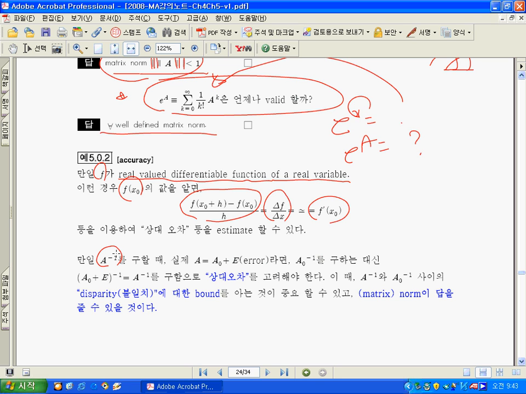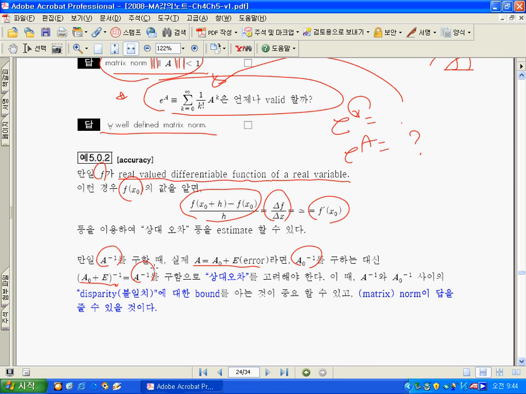When we try to find the inverse of A, suppose A can be written as A naught plus matrix E, which is the error part of it. Then instead of just the inverse of A naught, finding the inverse of A naught plus E, then we can have the same effect.